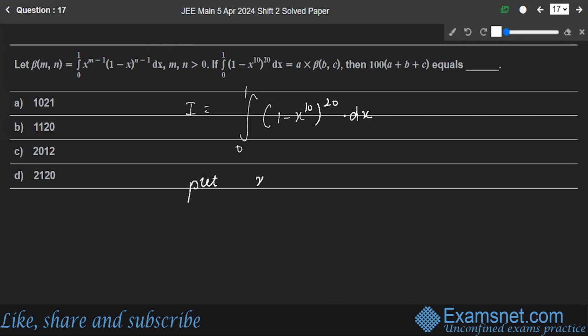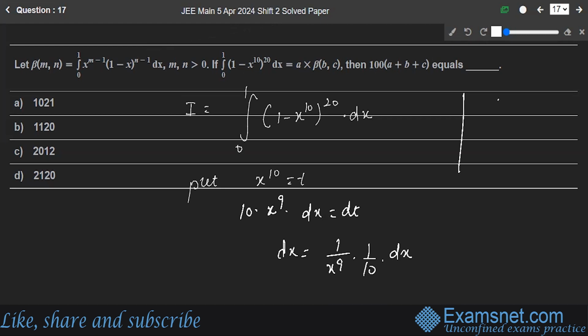So I'll put x raised to power 10 is equal to t. This will give me 10 into x raised to power 9 dx is equal to dt, or dx will be equal to this. Now you have x raised to power 10 is equal to t. This gives me x is equal to t raised to power 1 by 10.